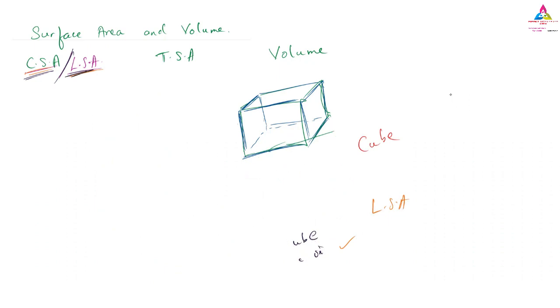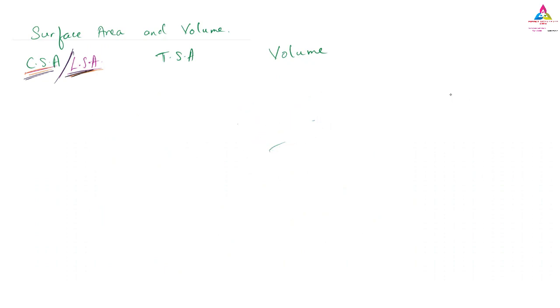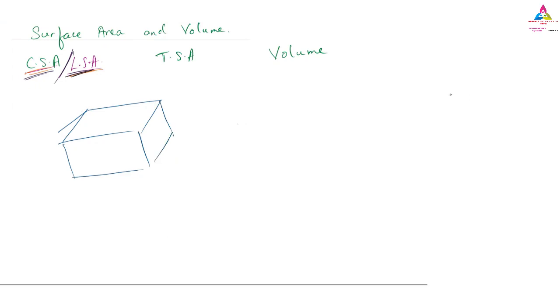The formula being correct, the same rule we will apply for both lateral surface area and curved surface area. I will give the example of the cuboid, so it will be easy for you. There are how many faces in a cuboid? Six faces.